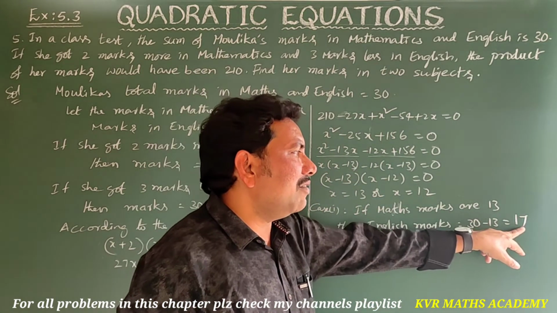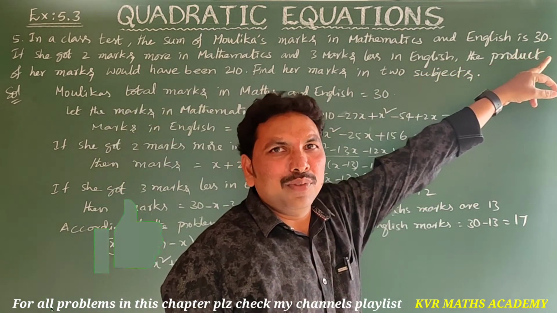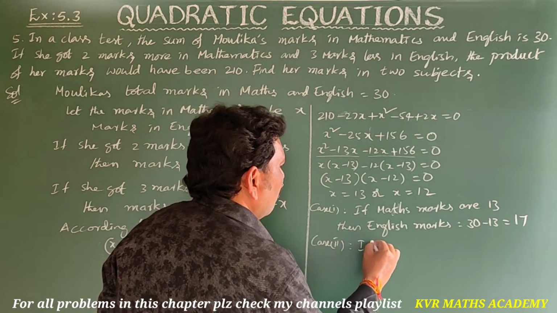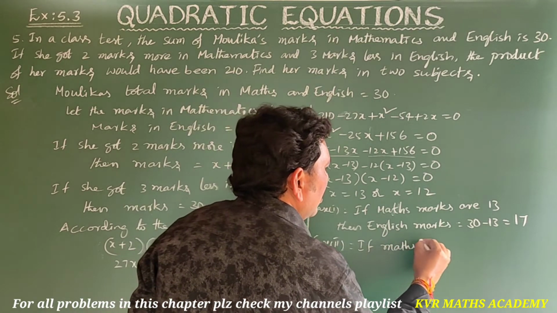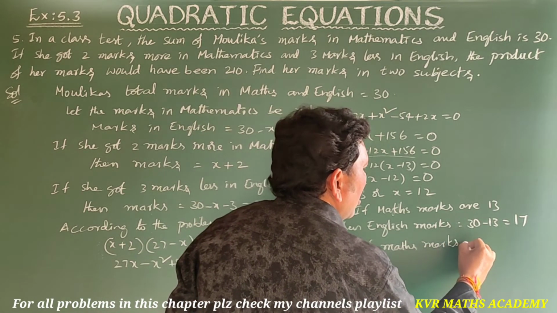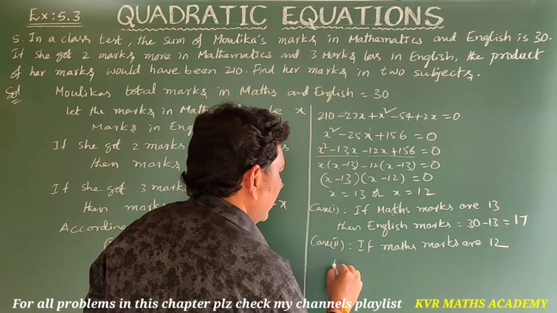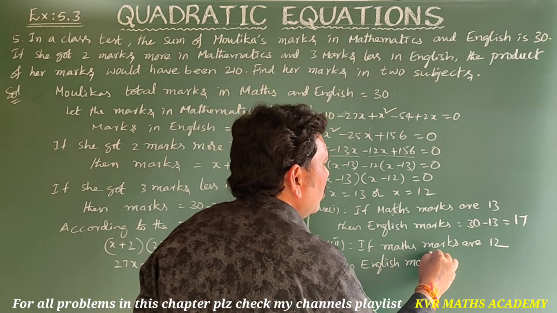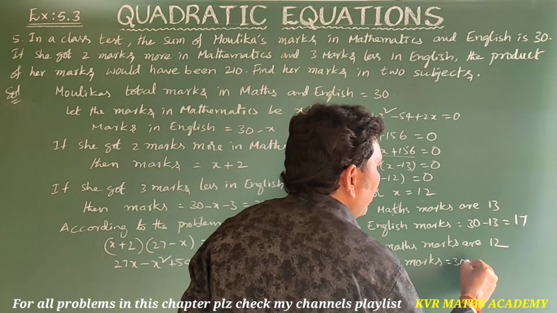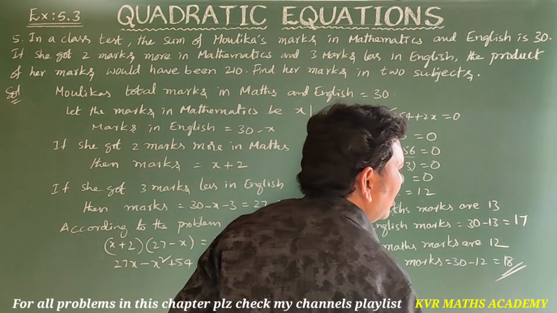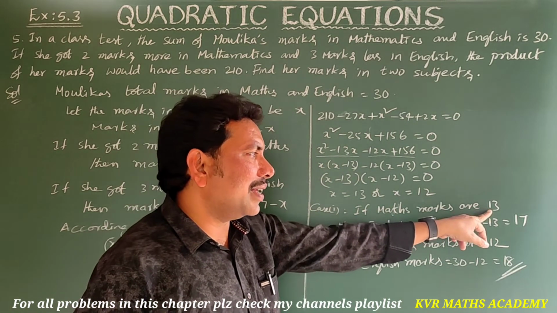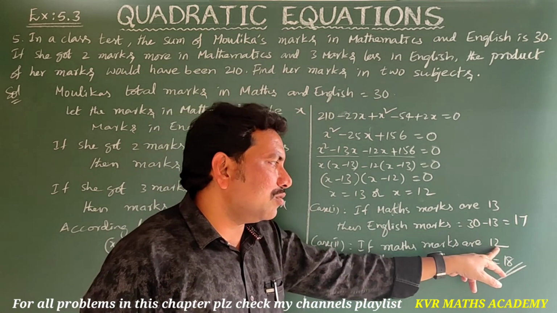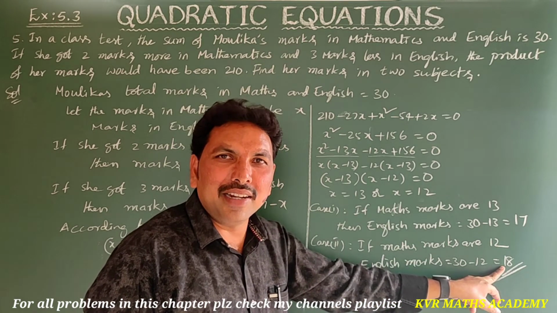See, 13 plus 17 will be 30 marks. Next, in case 2, if maths marks are 12, then English marks is equal to 30 minus 12, that is 18. If maths marks are 13, then English marks are 17. If maths marks are 12, then English marks will be 18.